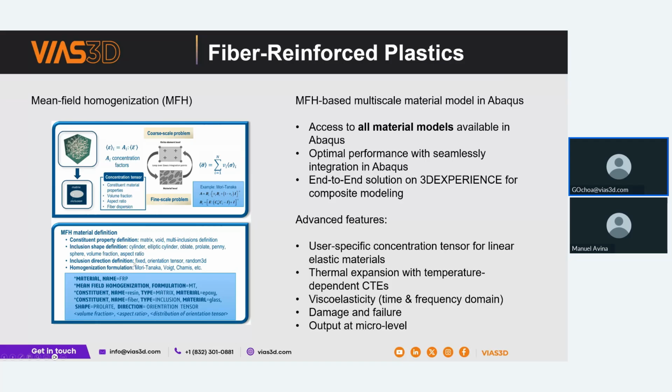Then we define other aspects such as the material that is going to be considered as inclusion, the shape of the material, the orientation, all of these types of properties. So this provides access to almost all of the material models available in Abaqus. This provides a very good performance in integration with Abaqus.